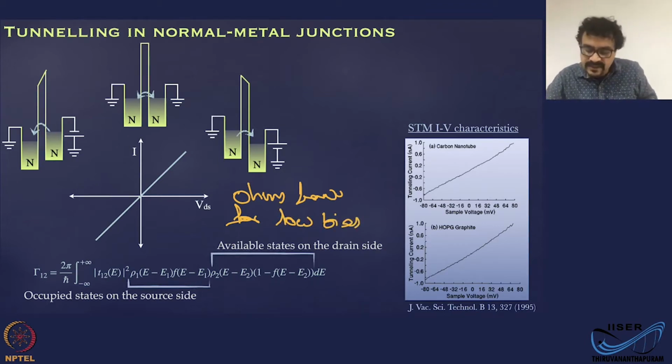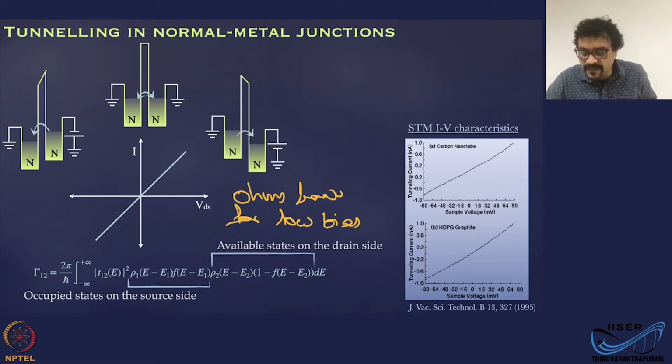And that's what you are seeing here in this experiment, described in this paper, where you have an STM tip on a carbon nanotube, which is metallic. And what you are seeing is that the current voltage characteristic is nearly linear in the small applied bias range.